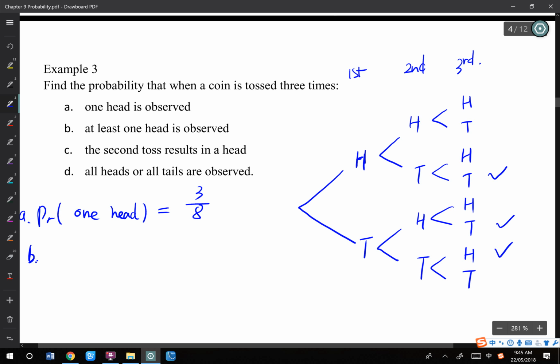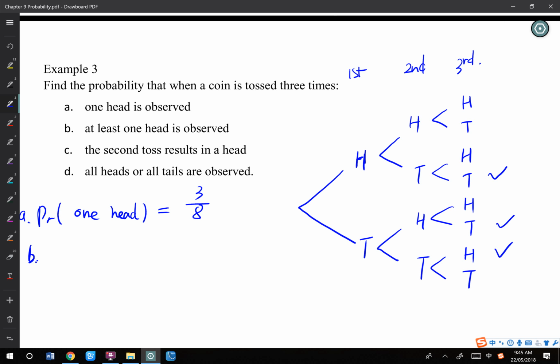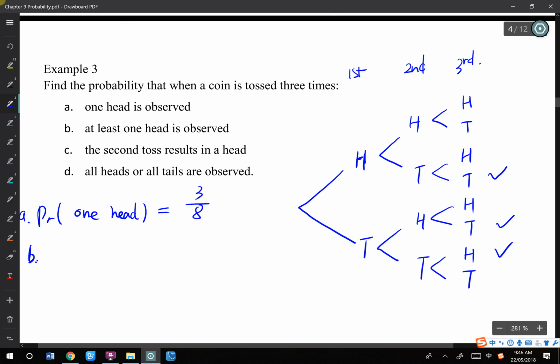B, at least 1 head is observed. How many outcomes will be at least 1 head observed? 7, right? Only one outcome has no head observed, it's all tails. So the probability of at least 1 head equals 1 minus the probability of all tails.